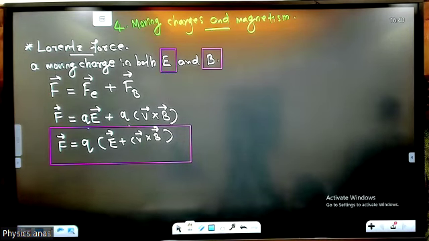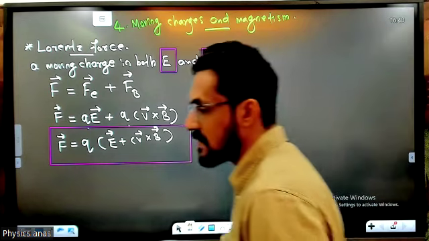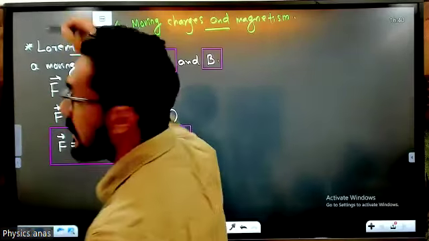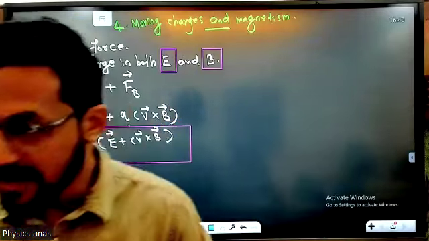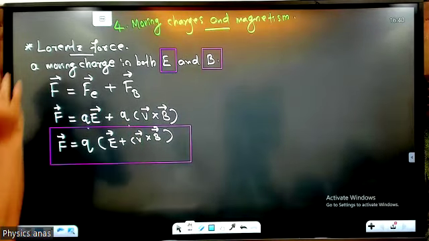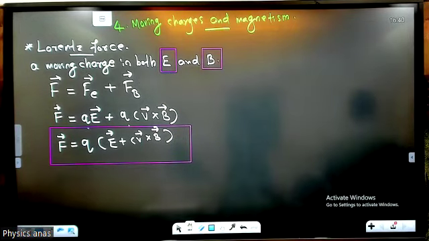Okay, write the heading: force on a moving charge in both electric and magnetic field.